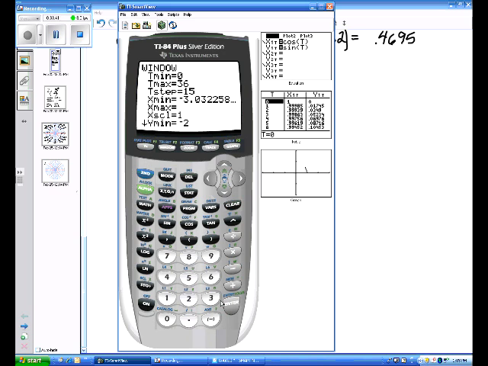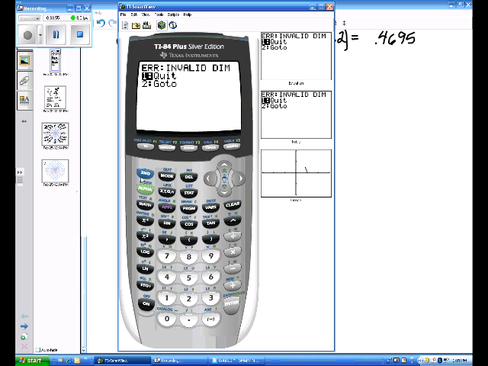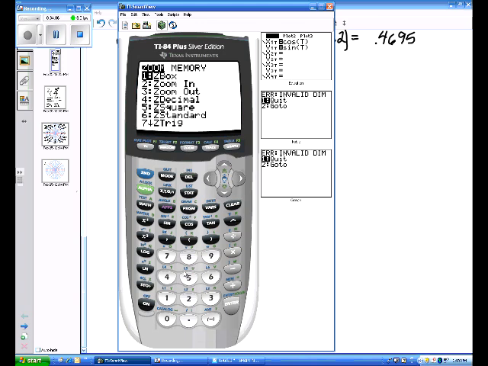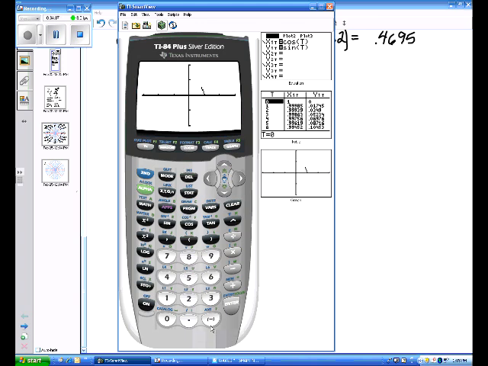Well, I just changed that. Okay, let me go back here. Since I hit something wrong, let me just do this, just zoom 5.